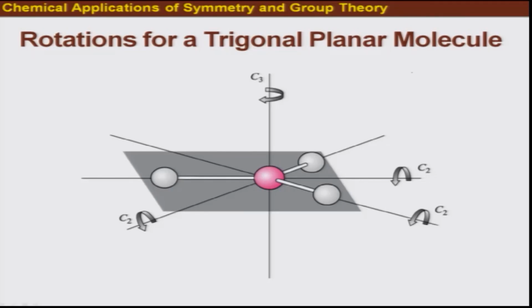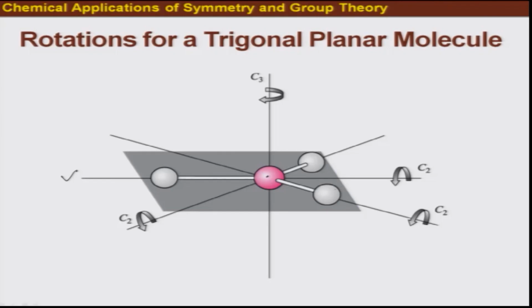Here you see that I can imagine an axis which passes through one fluorine and the boron. About that particular axis you can have a rotation and get an indistinguishable structure.